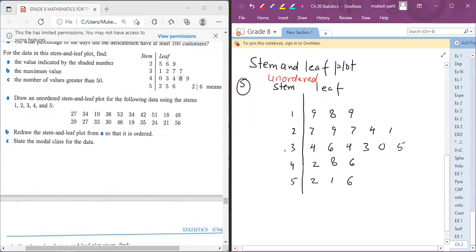Yes, we will discuss how to put them in order. But first of all we are just looking at the raw data and writing the stem and leaf. Once this is clear, then we make an ordered stem and leaf.